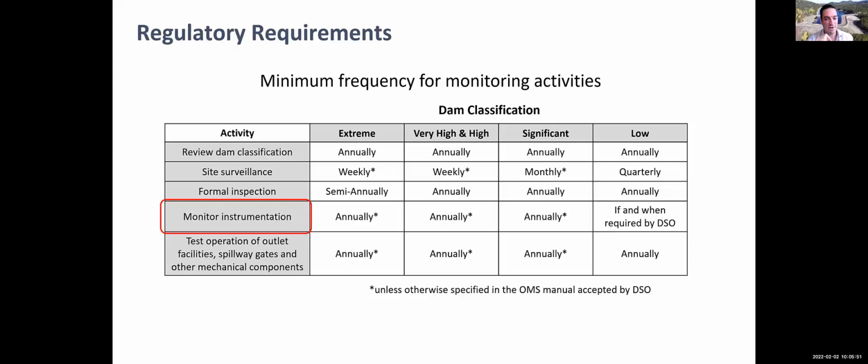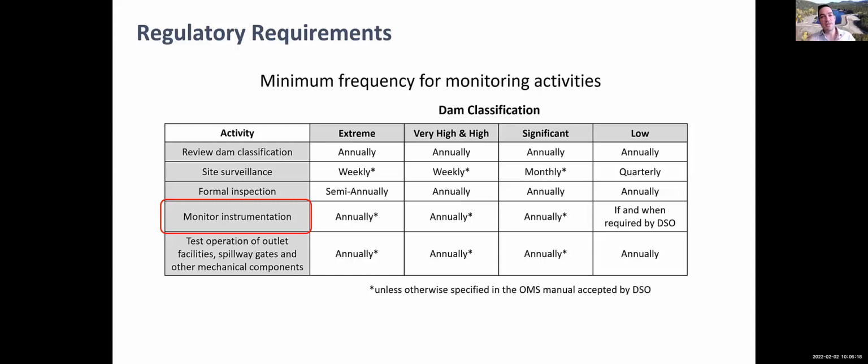There's a little star there because the minimum requirements are mandated by the regulation, but it does give you flexibility when you put your operation, maintenance and surveillance manual together. You want to think critically about, one, is it necessary? Because if it's not necessary, you don't have to put it in. And if you don't have any, then you can't really analyze and interpret the data.